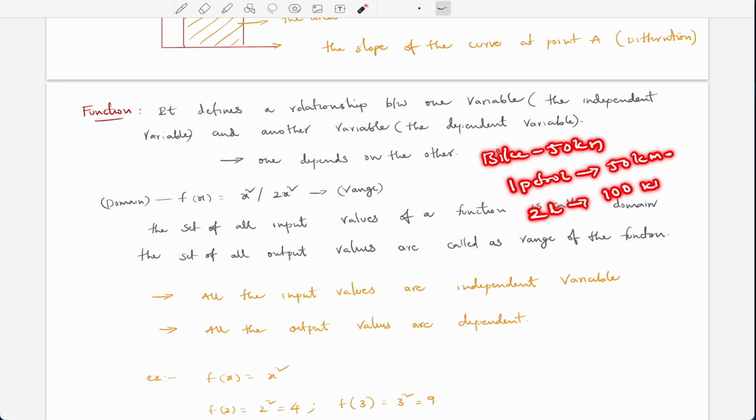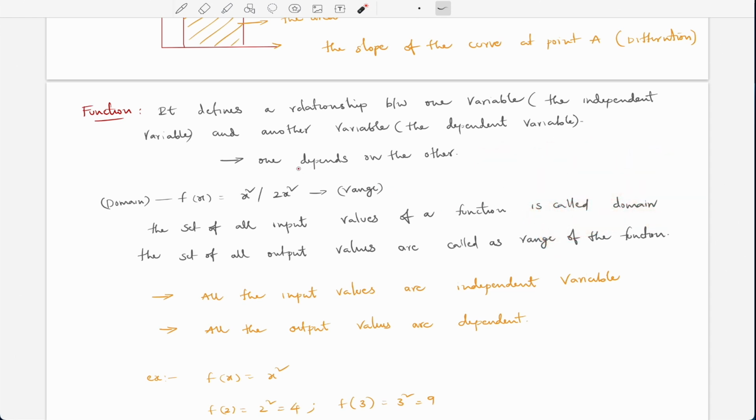So the kilometers depend upon the liters of petrol, right? This is independent, and this is dependent, which means the kilometers are dependent upon the liters of petrol which you pour in a bike, right?